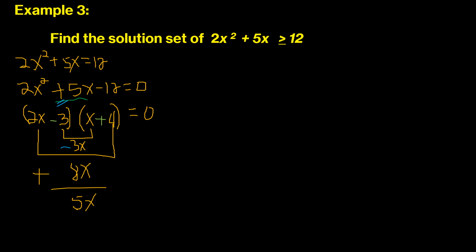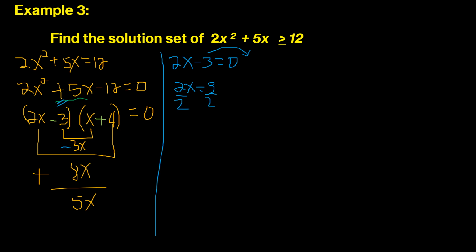So therefore, our factoring now is correct. We can identify the roots now. The first factor, 2x minus 3, is equal to 0. And transposing 3 to the other side, we have 2x is equal to 3. And dividing all by 2, we get x is equal to 3 halves.